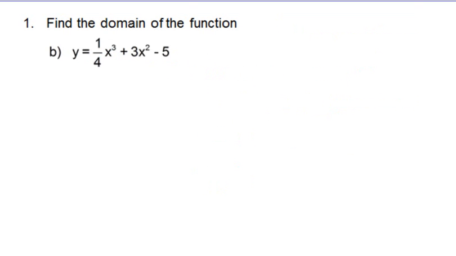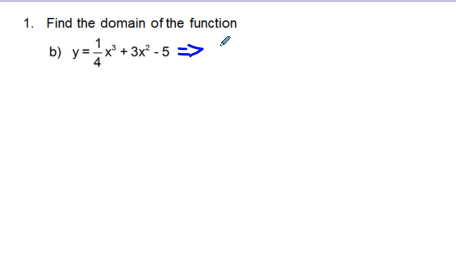Next, we have y equals 1/4 x cubed plus 3x squared minus 5. Now what kind of function is this? Well, this is a cubic function, within the greater family of what we call polynomial functions. What is going to be the domain of this polynomial function and all other polynomial functions? It's going to be all real numbers.